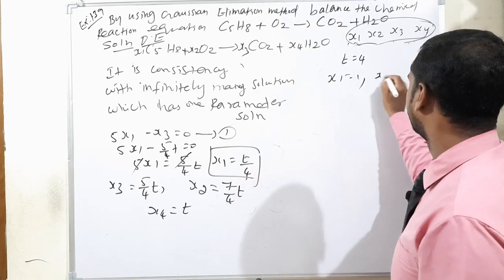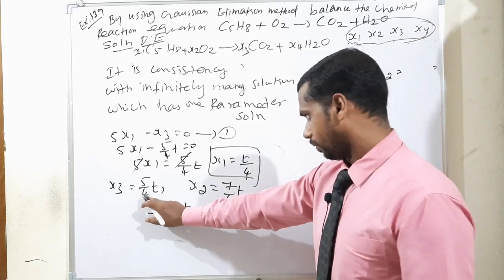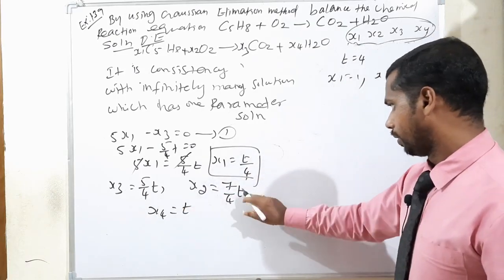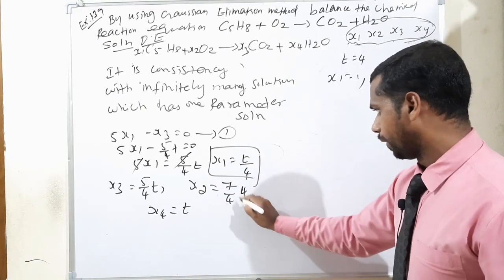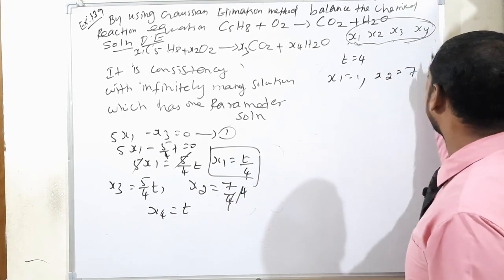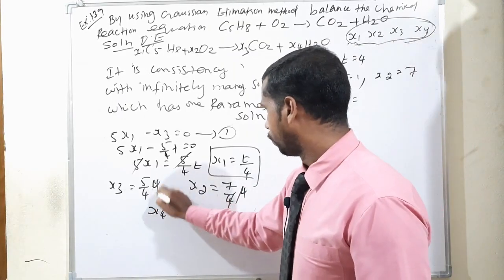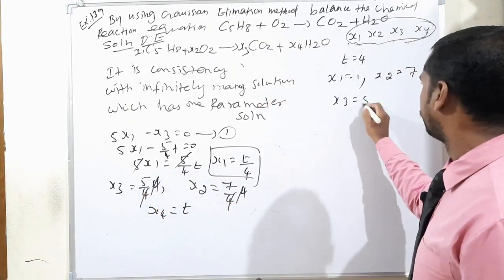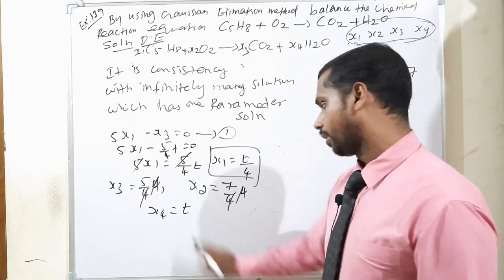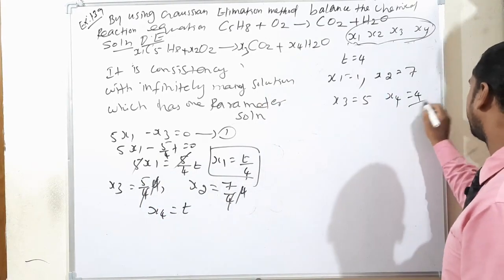Then x2: instead of t, if we apply 4, the 4 cancels, x2 is equal to 7. Then x3: again the 4 cancels, 5 will come. Then x4 is t, so the x4 value will be 4.